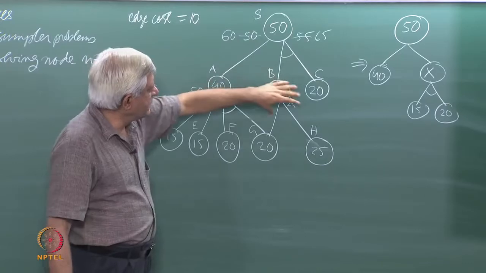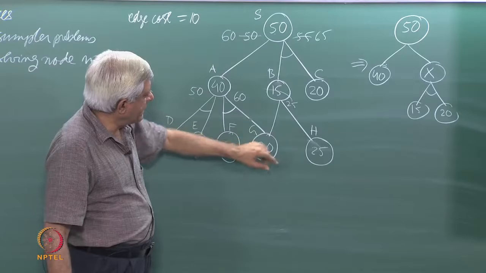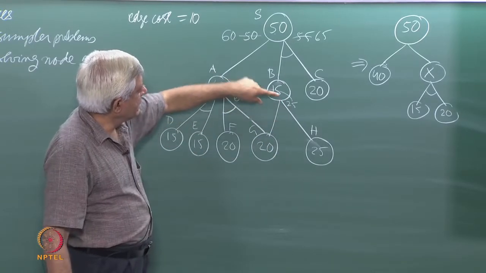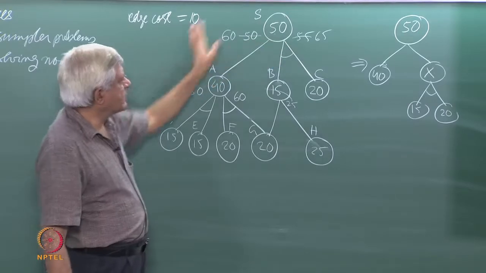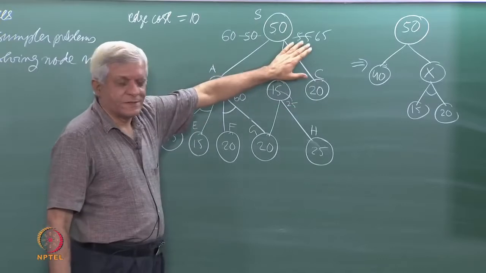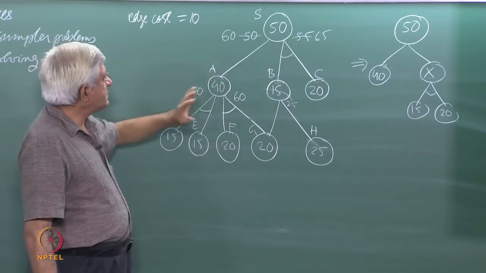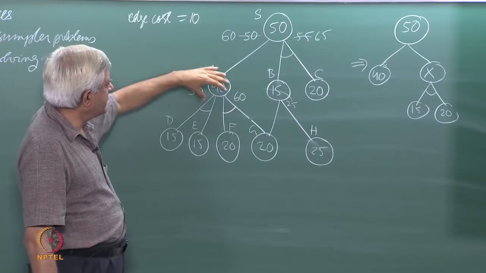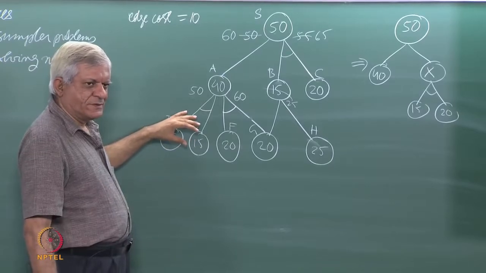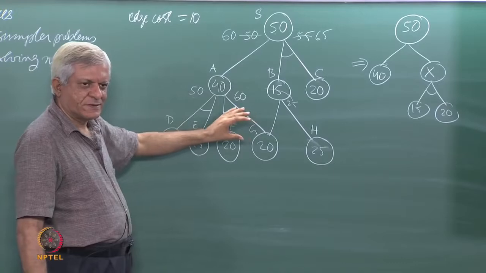Now, here I chose between B and C, 150, this B expanded and I got this 20 and 25. When I back up these values I got 25 here and that became 65. So, I have to now shift my attention to this one again, because going down that path is estimated to cost 65, along this direction it costs 60. So, I must come down here. At this point I must choose this option because this estimated cost is 50 and here the estimated cost is 60.